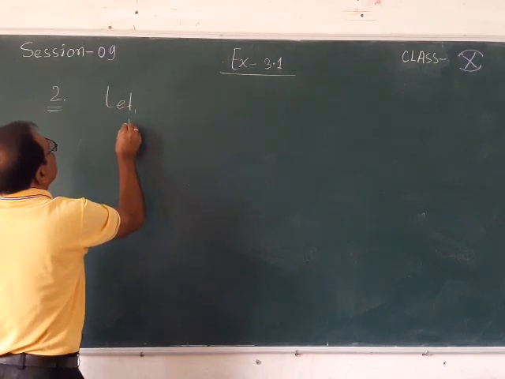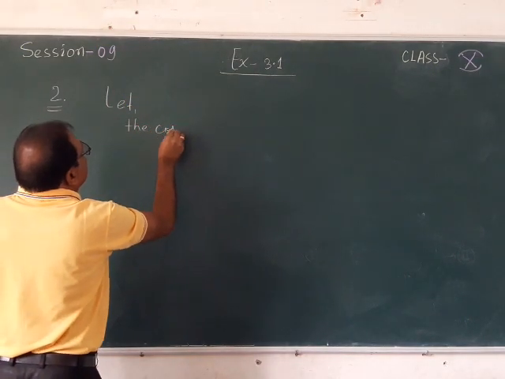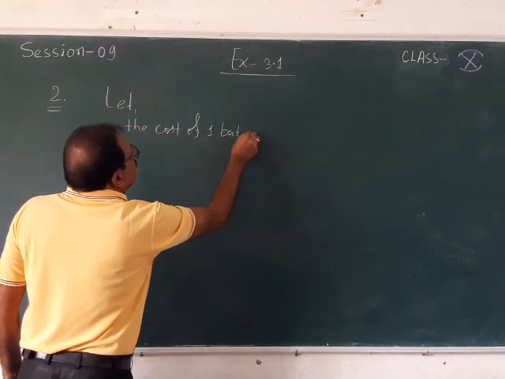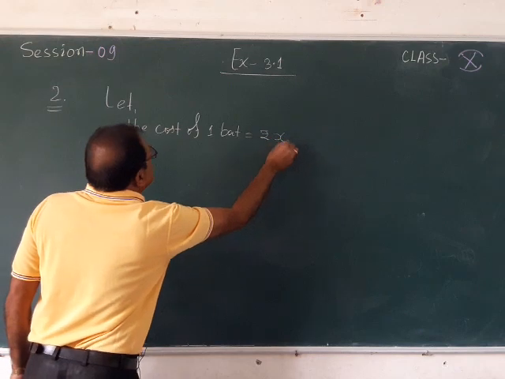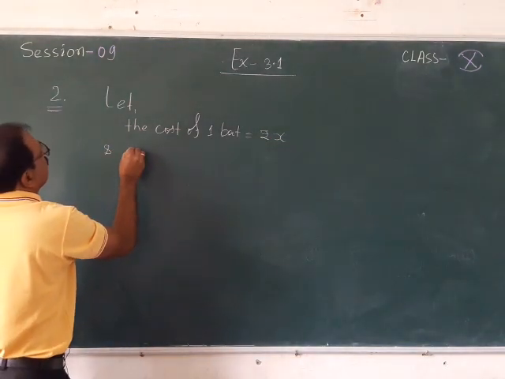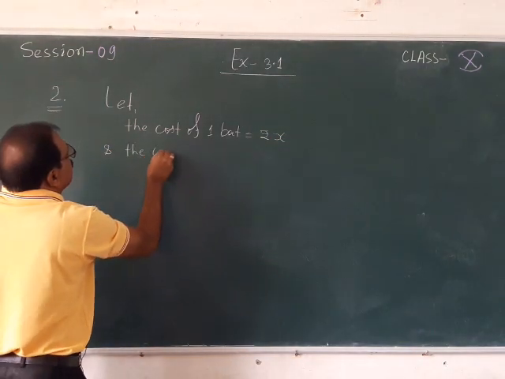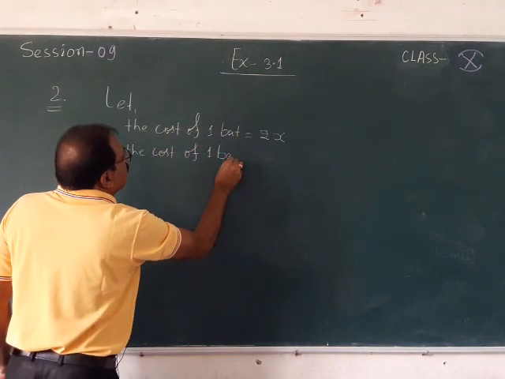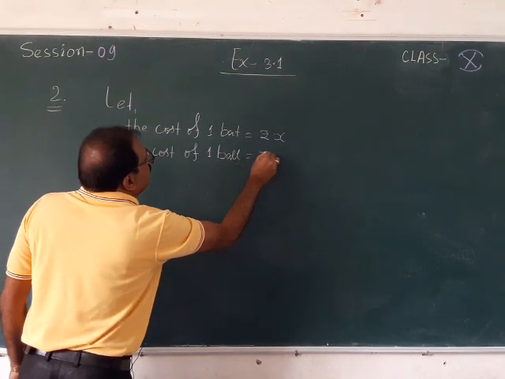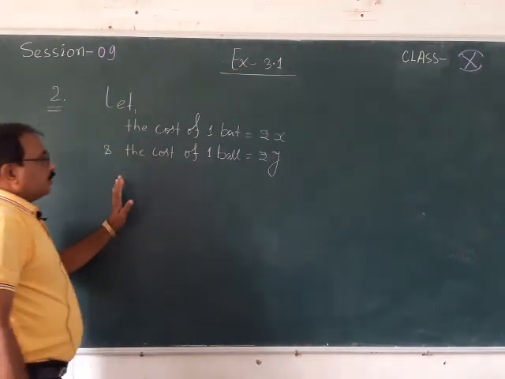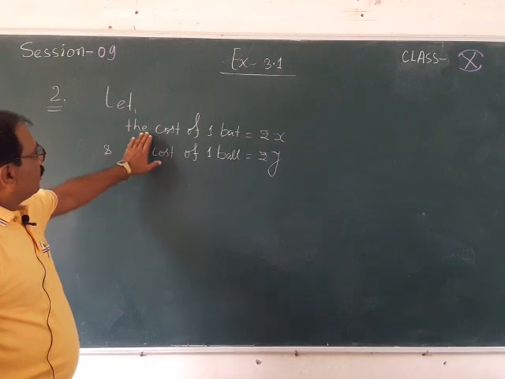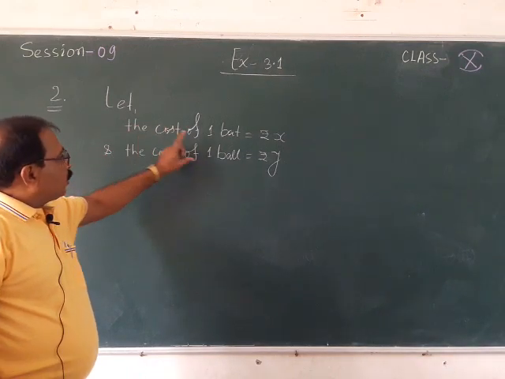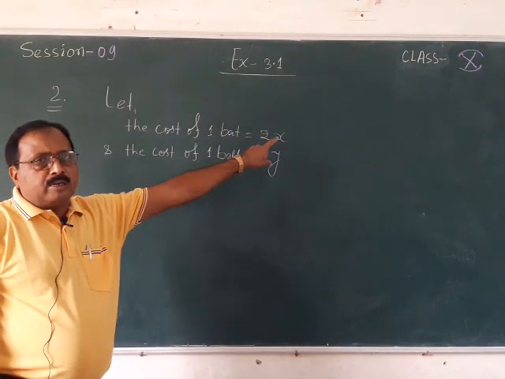the cost of one bat equal to rupees X, and the cost of one ball is rupees Y. So in the initial step, you have to take one variable for the cost of one bat.